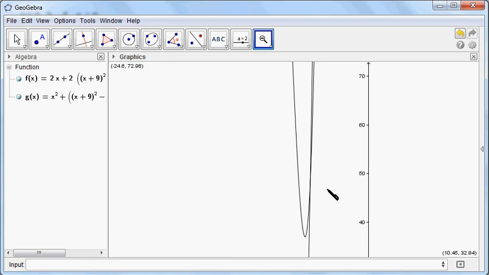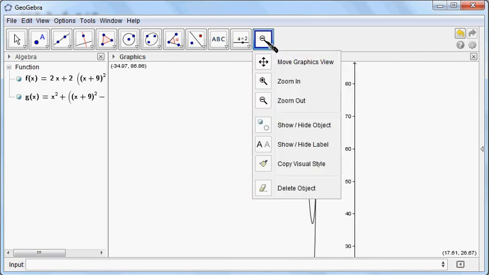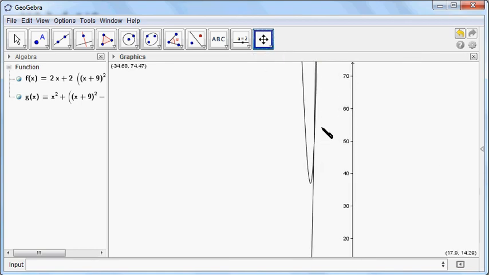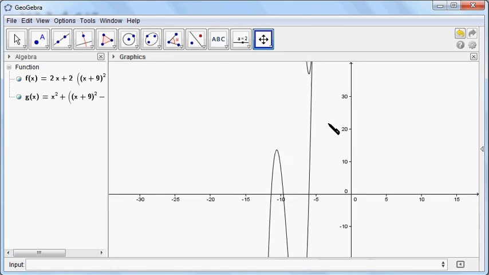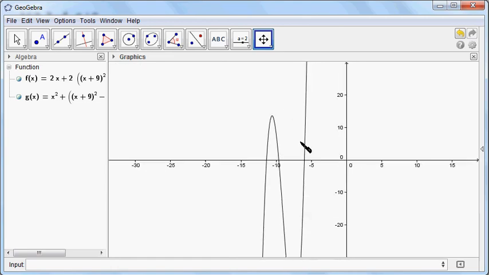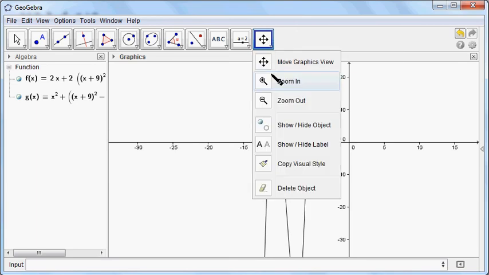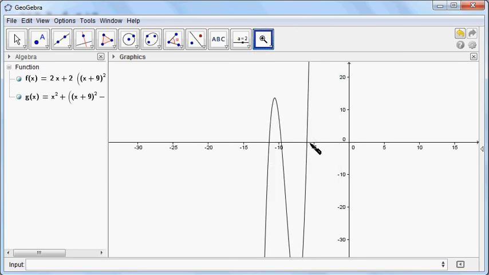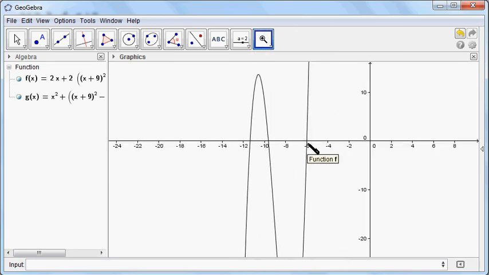If you go down, that's where this point is right here. I'm going to zoom in there. So you have x equals negative 6, which is the critical number that gives you the minimum.